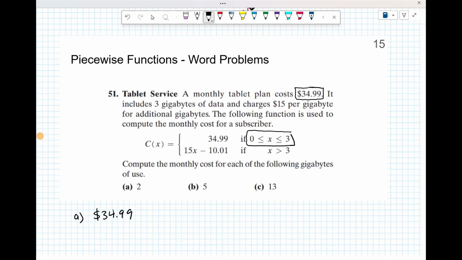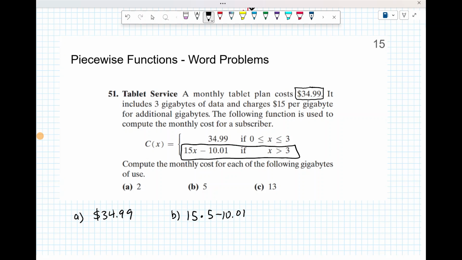5 is a little bit different, right? That is no longer in that first part. Now we're going to have to deal with this different function right here. So this is going to be 15 times 5 minus 10.01. Now 15 times 5, I think, is 75.